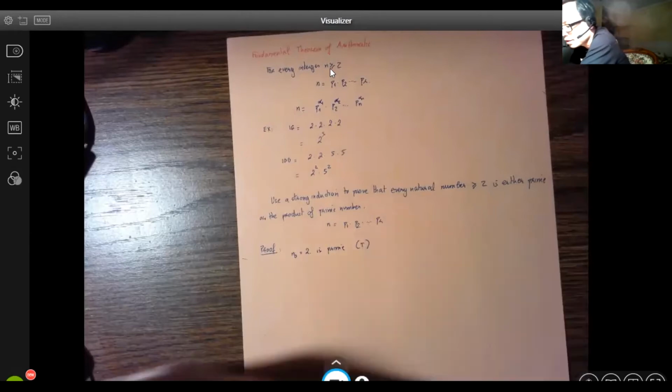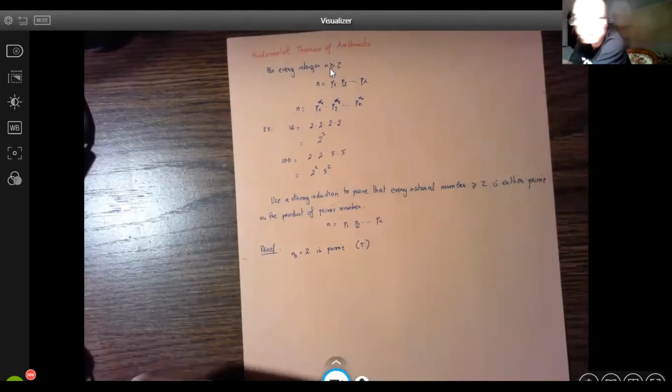Because a prime number can be written as a product of prime numbers, this makes sense. Now we start with our hypothesis.